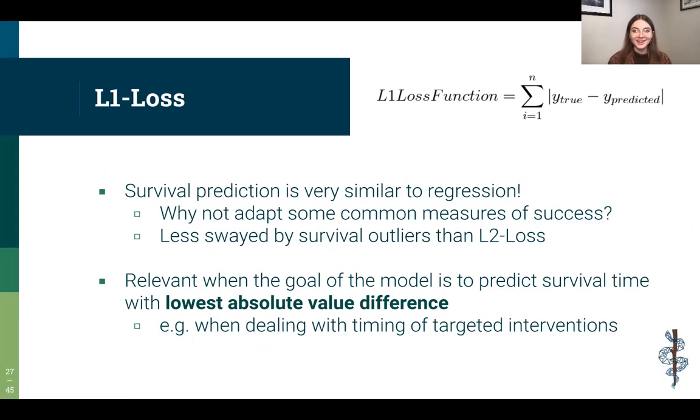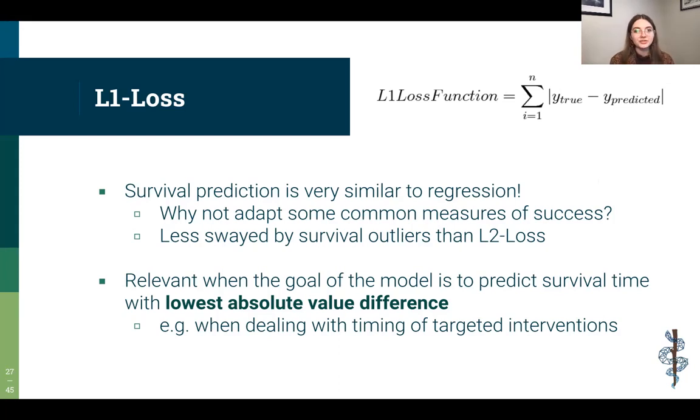And survival outliers are very common in these data sets generally. So L2 loss, instead of taking the absolute difference, will take the square of the difference when evaluating this kind of equation at the top here. And if you're squaring the difference, the outliers in the data set will just cause a lot more of a ruckus.